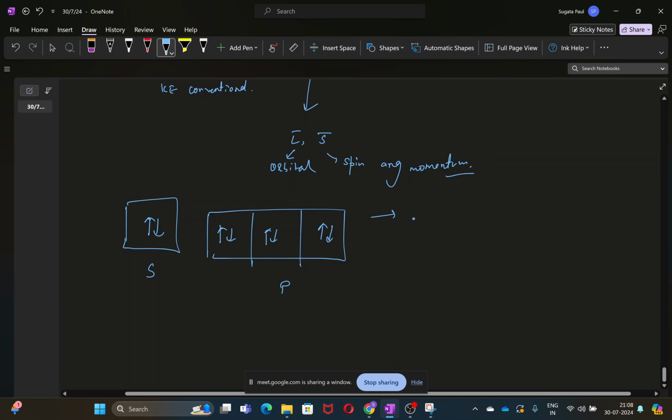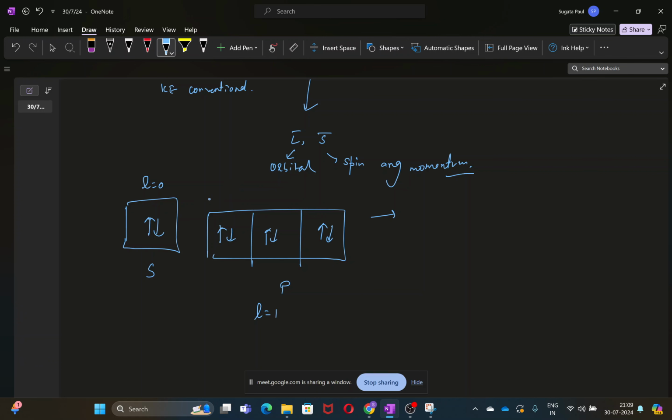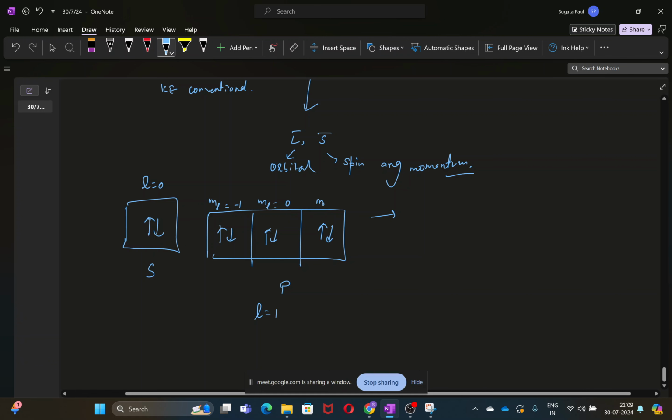In such a case, you know that for an s orbital, the L value is 0 for each of the electrons. For a p orbital, the L value is 1 for each of the electrons. And for each one of them, you will see that the ml values will be different. So here ml equals -1, ml equals 0, and ml equals +1 for each of the compartments.